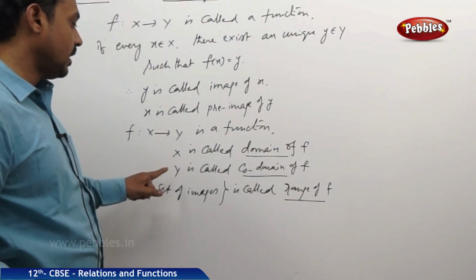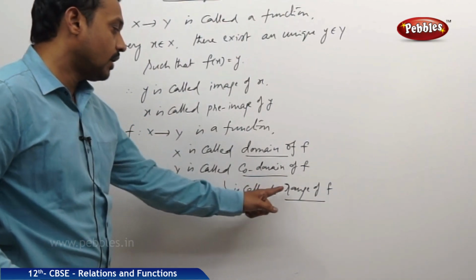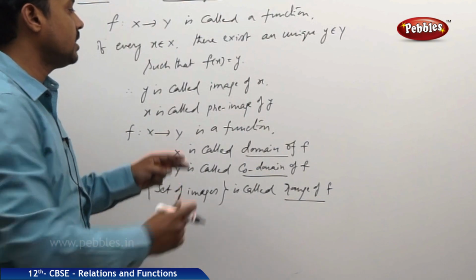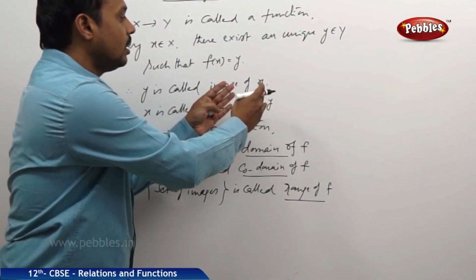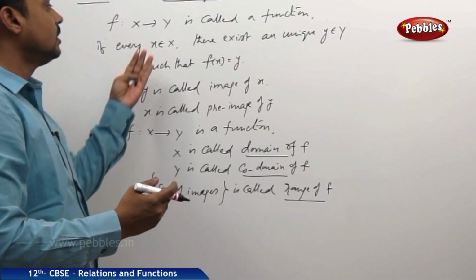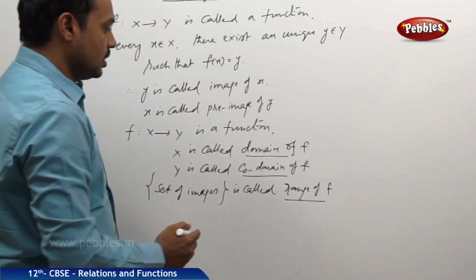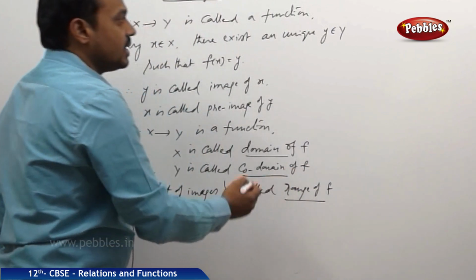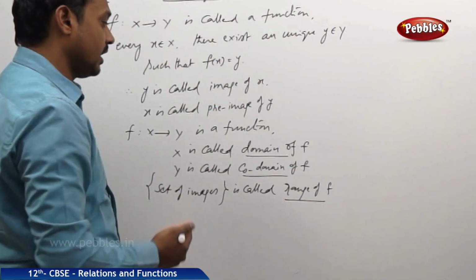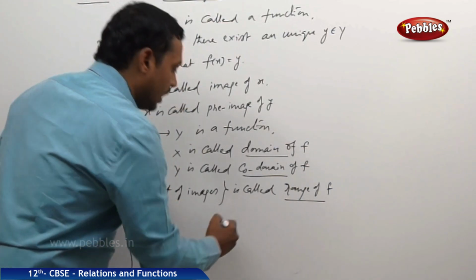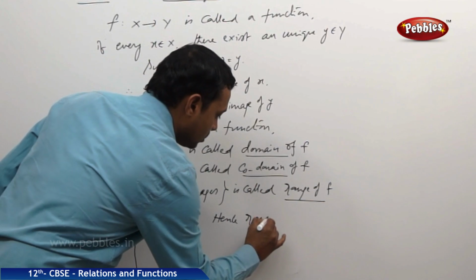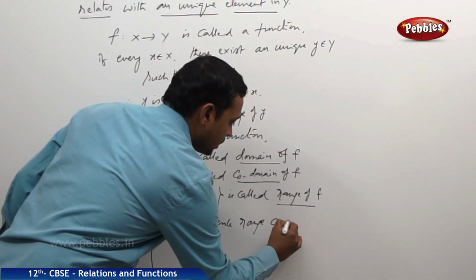Here X is called the domain, Y is called the codomain, and range is nothing but the set of images, meaning the elements in Y that are associated with the elements of X. So clearly, the range is always a subset of the codomain.